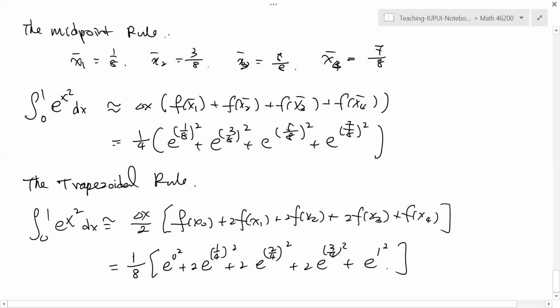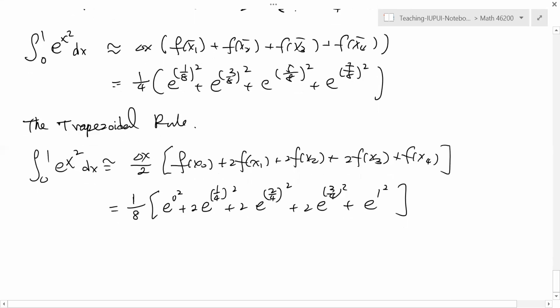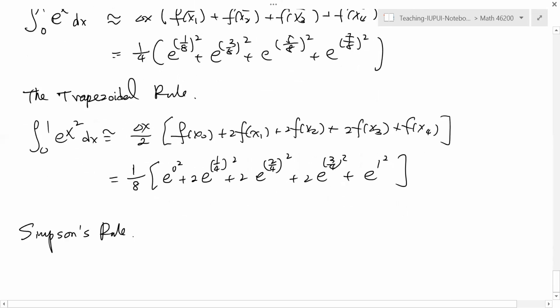And what can we get from Simpson's rule? Simpson's rule. We have 4 numbers here. So you put delta x over 3, and the first step is to write down all the terms, then you replace f by the specific function.